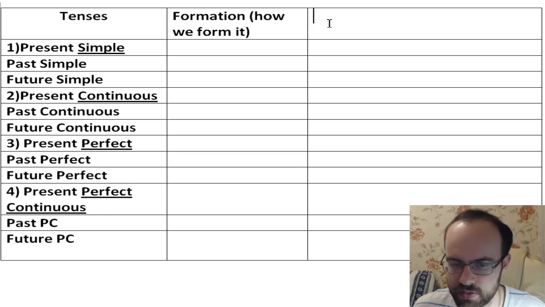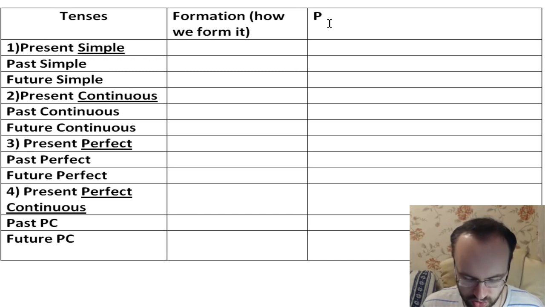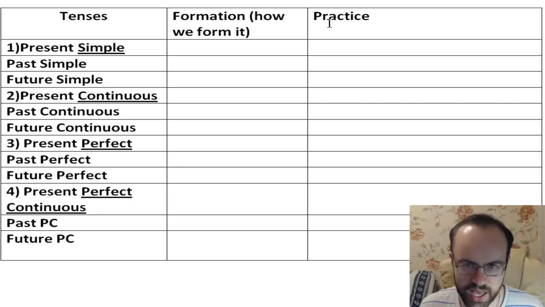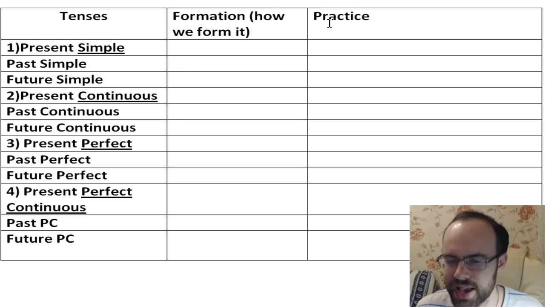And the last thing, least but not last, it means it's the last thing, but it doesn't mean that it's unimportant. On the contrary, it's so important. It's practice, and I believe that it's the best exercise if you really want to master your skills related to English tenses in particular.